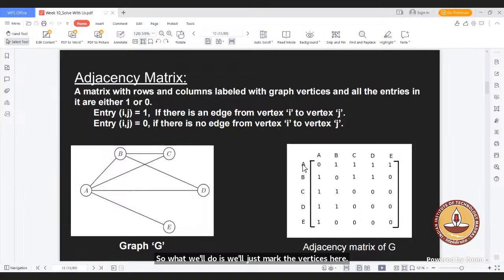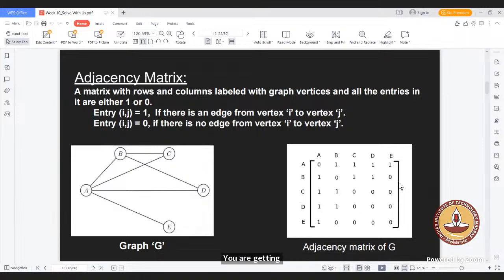If there is an edge from A to B, we'll mark it as 1. If there is no edge from A to B, we won't mark it. For example, from B to E there is no edge, so it will be marked as 0. You're getting it? Got it.